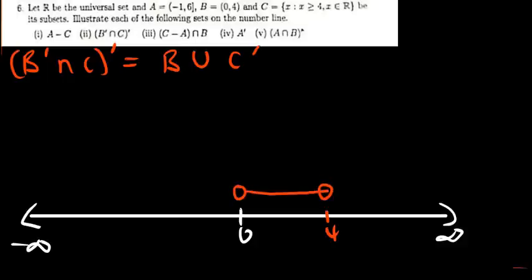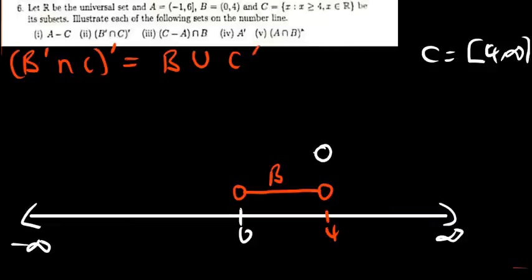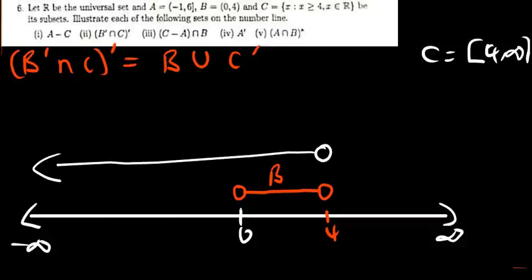Okay. But remember we had C complement for the first question. Since C is from 4 to positive infinity, C complement is starting from 4 but not included, because 4 is included in C. So starting from here, not included, all the way to negative infinity.